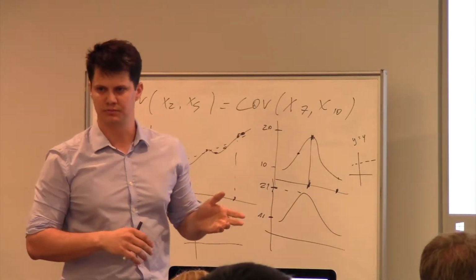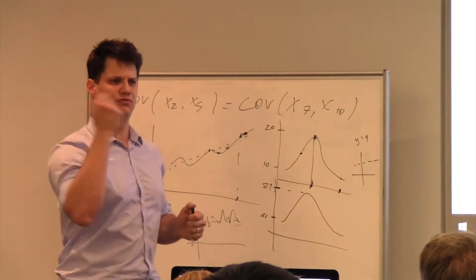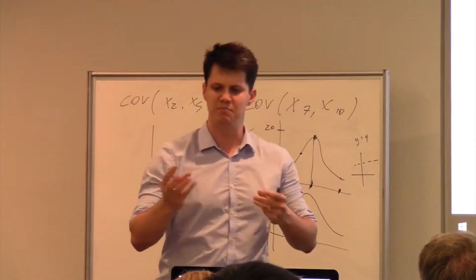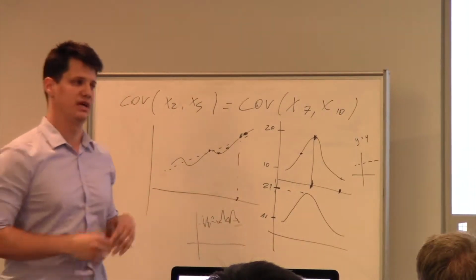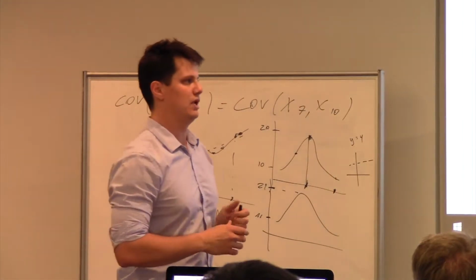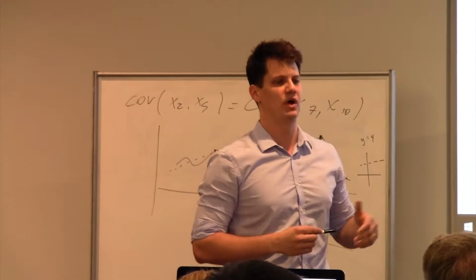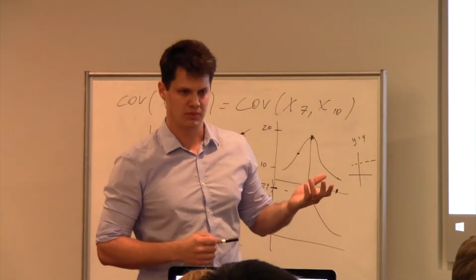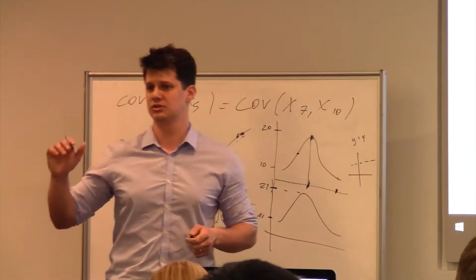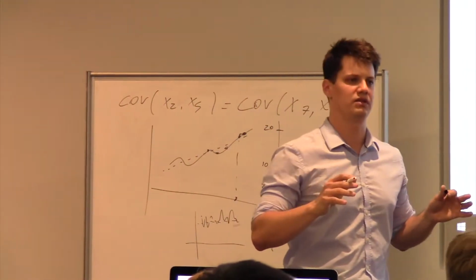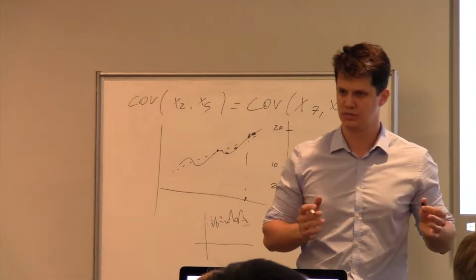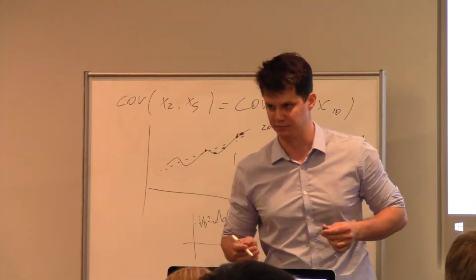If I do a lot of different transformations, I lose the meaning of the variable. I might have a variable that is stationary, but I cannot understand well what that variable means. If I just take logs, I can think of it as a percentage instead of a real number.